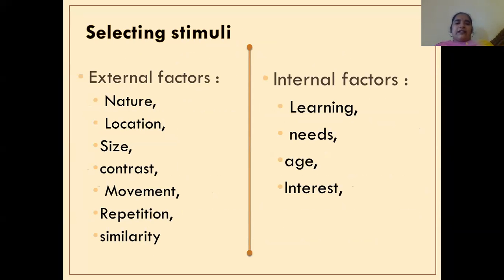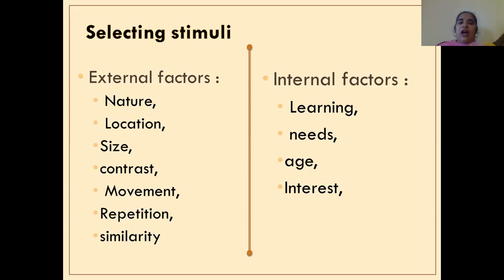How are we going to select that stimulus? External factors include nature, location, size, contrast, movement, repetition, and similar. Based on what type of product it is, what the quality of that object is, is it bright, is it dull, how good or bad or attractive it is, that will depend on whether we notice it or not.